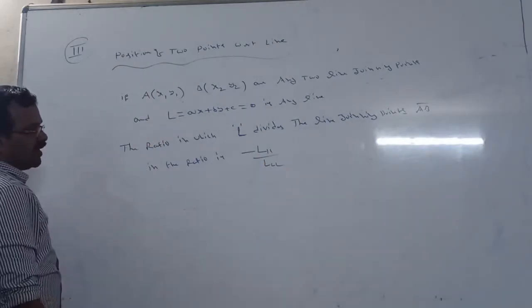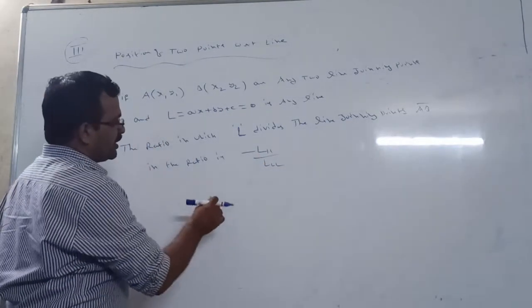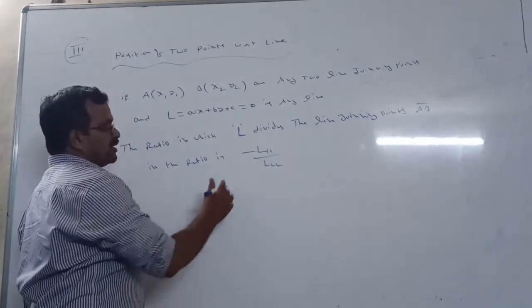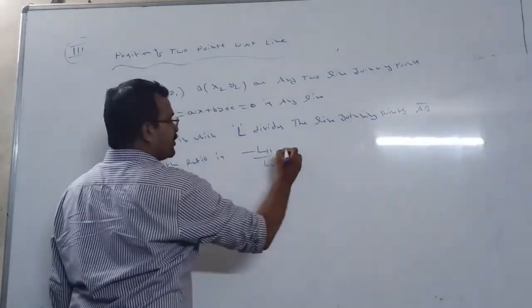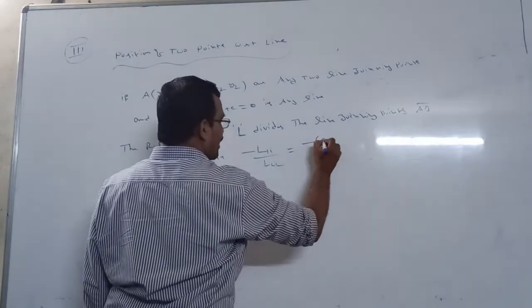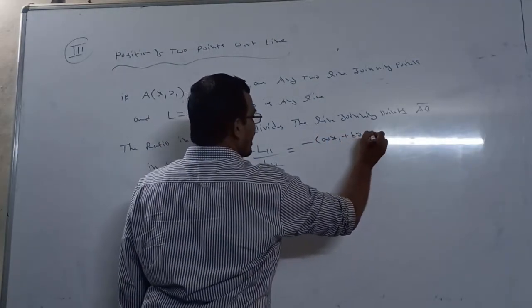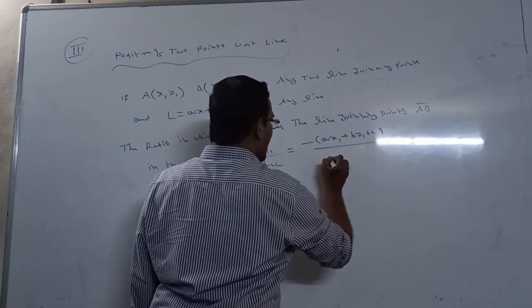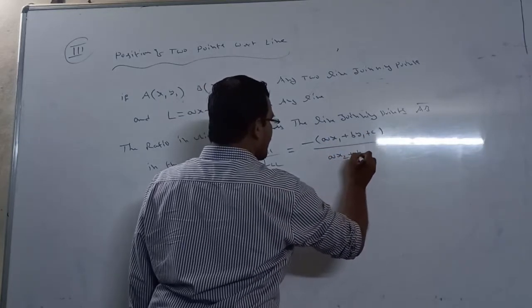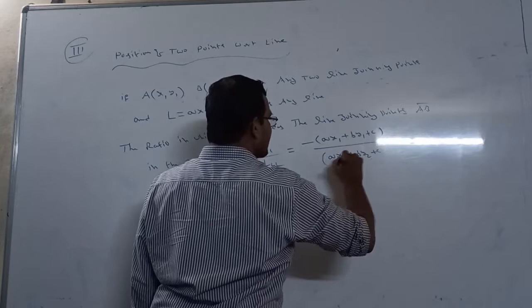This is one important theorem in straight lines. So minus L1 by L2 is nothing but minus of (ax1 plus by1 plus c) by (ax2 plus by2 plus c).